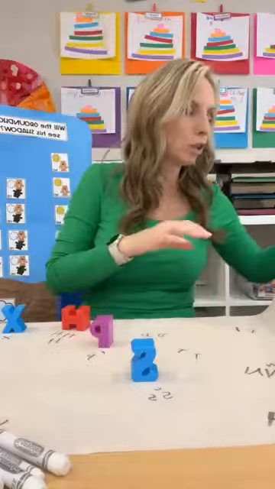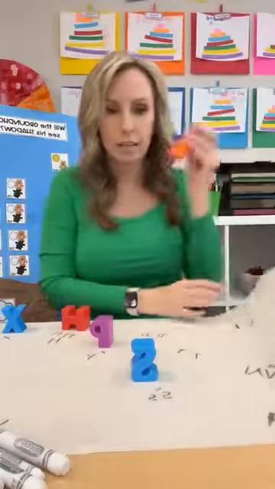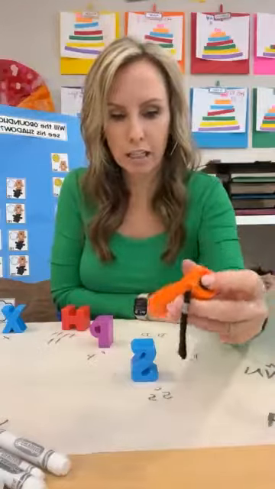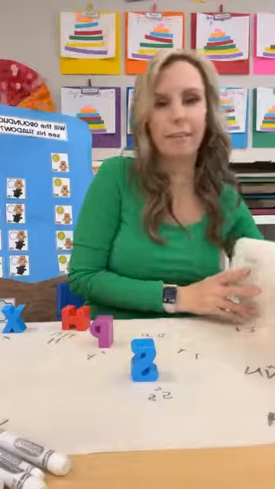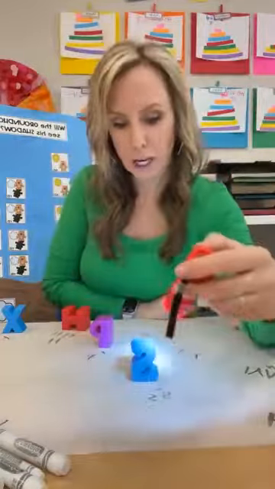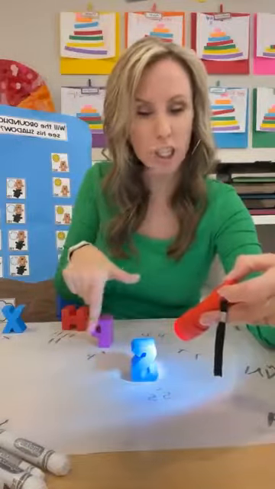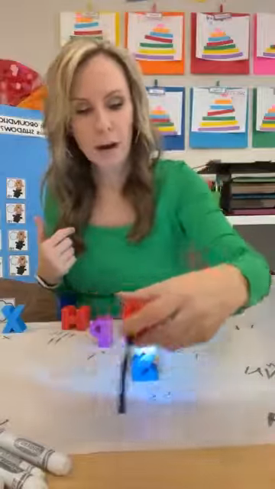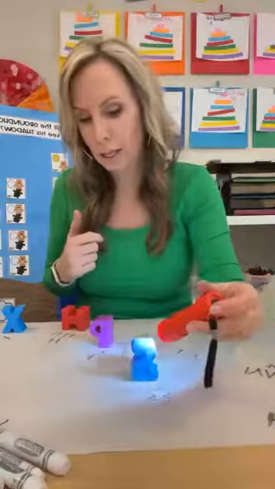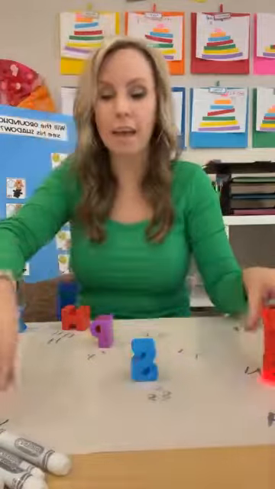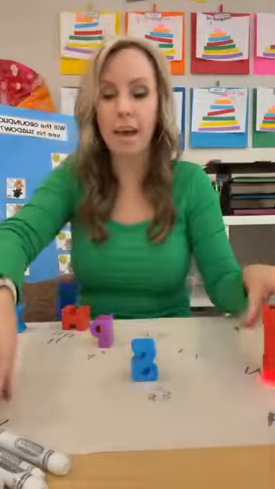Now you can use your flashlight and shine it on it. Of course that one doesn't work. There we go. Now you can't really see the shadow of the letter that well, but you can still put them out and make the shadow of each letter, and then they can grab a marker and make that shadow.